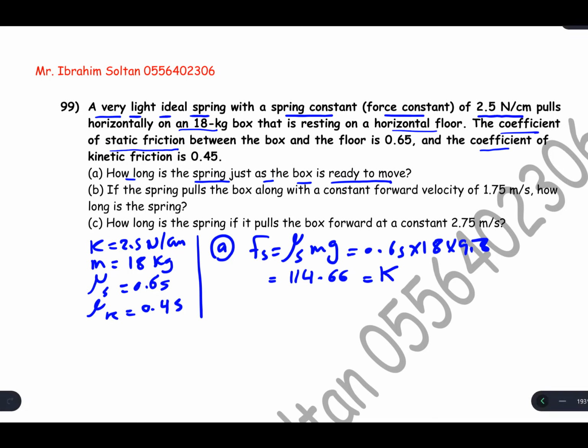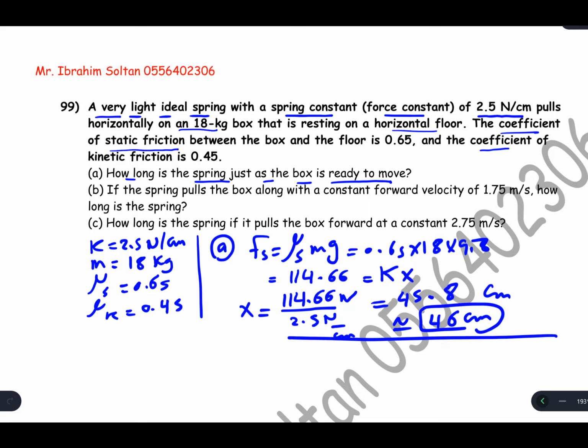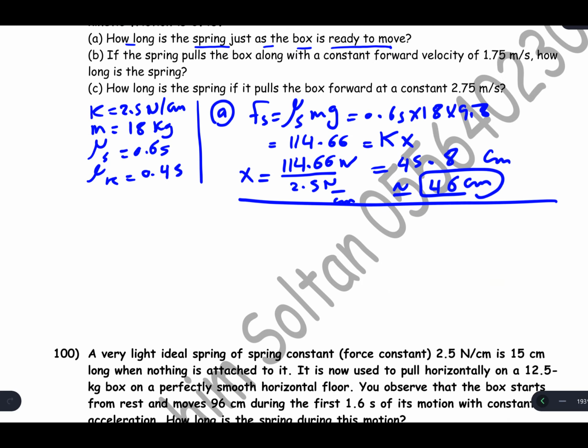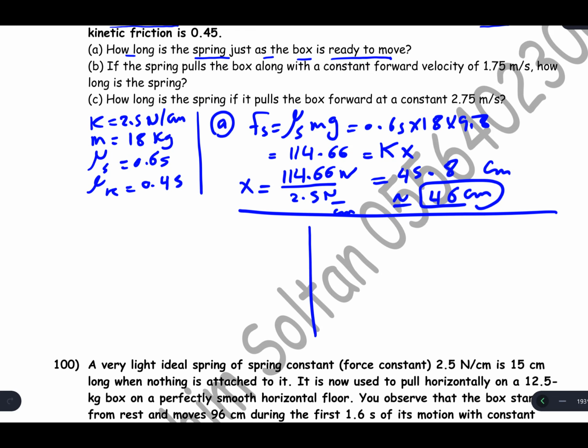So F equals Kx. So X equals 114.66 over K. K is 2.5 Newton per centimeter, and this is in Newton. So the answer in centimeter equals 45.8, approximately 46 centimeter, and this is letter A. Let's go to letter B.